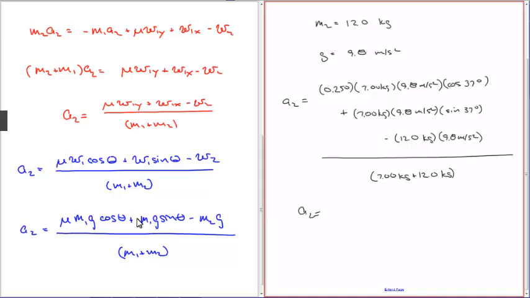0.25 times 7 times 9.8 times the cosine of 37 degrees plus 7 times 9.8 times the sine of 37 degrees minus 12 times 9.8, which is negative 62.6, divided by the sum of 7 plus 12, and I get negative 3.3 meters per second squared.